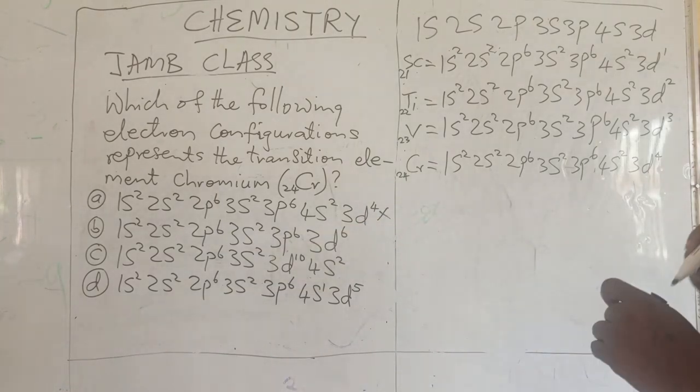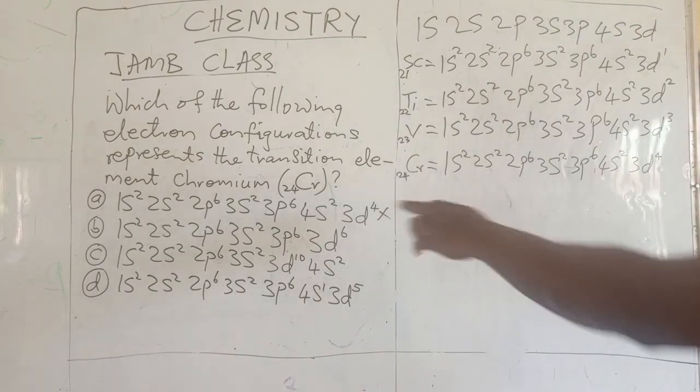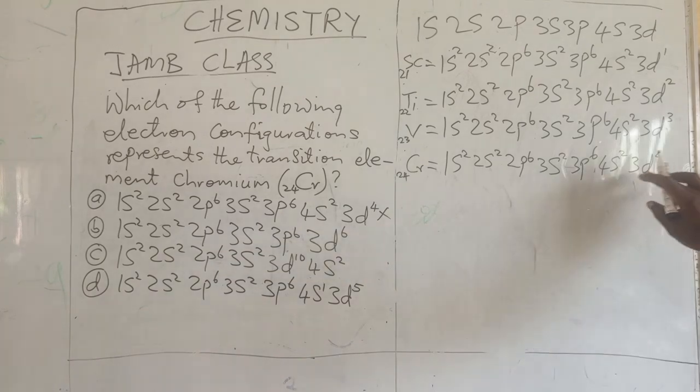Now, remember I told you s is equal to maximum 2, p maximum 6, d maximum 10, f maximum 14. Now, A is not correct. If you write this, you are wrong.